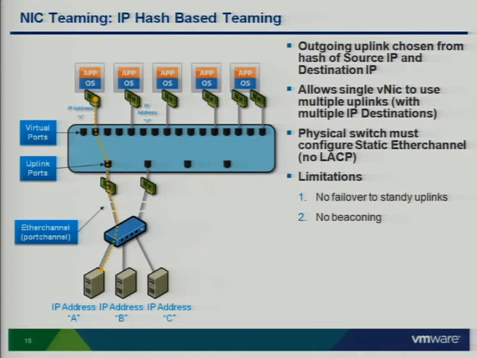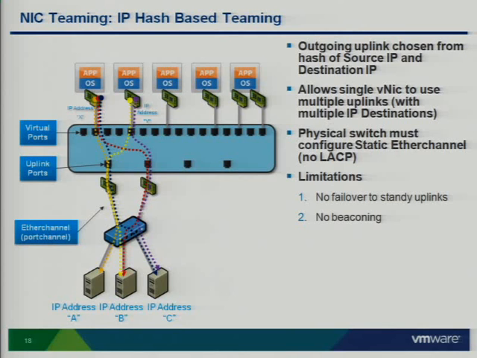If you want to connect to a different host, this time you pick a different adapter. So the choice of the physical adapter is made on a per-connection basis. Obviously, if you only have a single destination, IP hash is not going to help you at all, because the IP address does not change, so you always map to the same adapter.